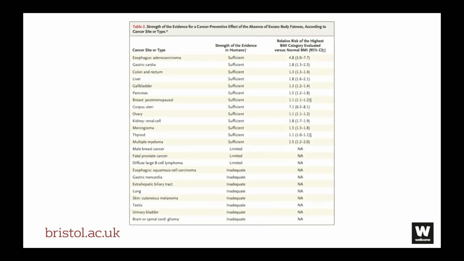And what we showed was actually quite nice evidence to support the causal effect of body mass index on a lot of different cancer subtypes, which Mendelian randomization reassuringly was supportive of in most of these scenarios.